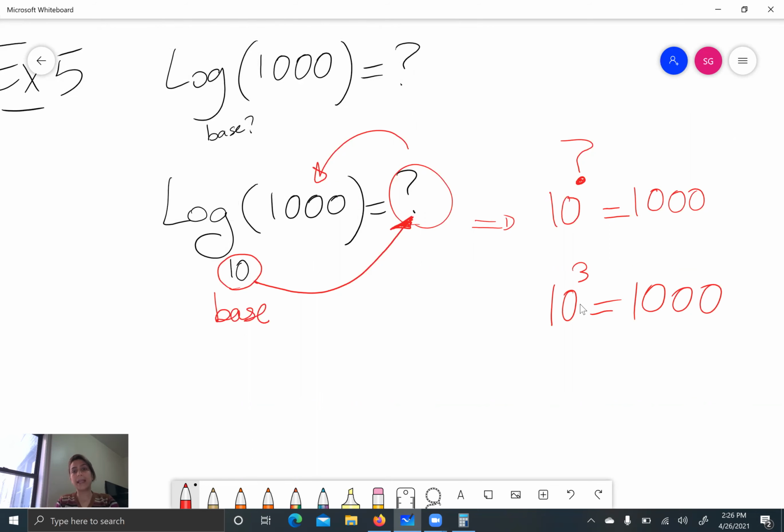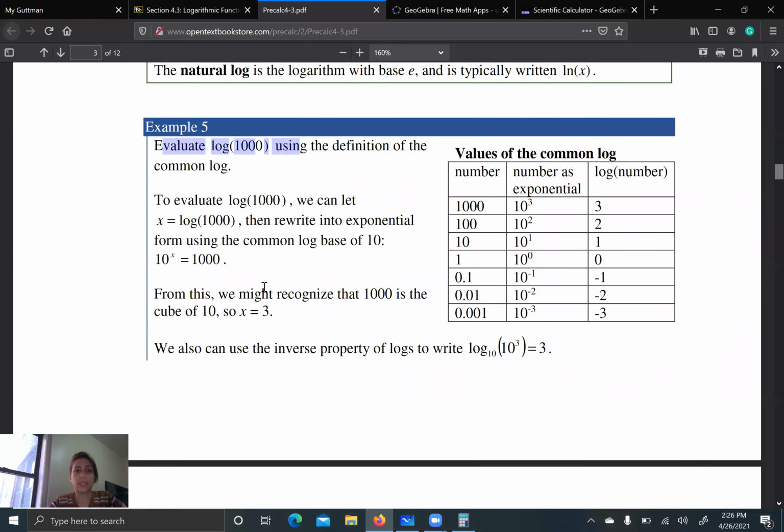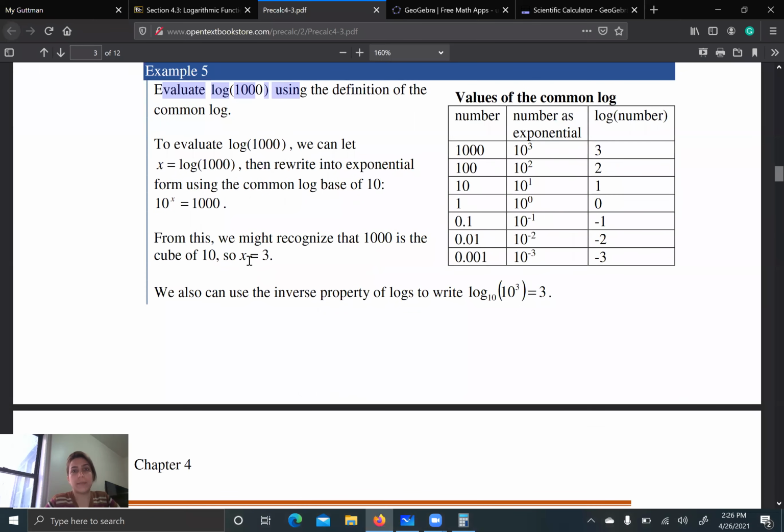How did I get the answer? I just rewrote this logarithmic expression as an exponential function, and because this was easy to guess, we came up with the answer: x must be 3 because 10 to the power of 3, or 10 cubed, gives us 1,000.